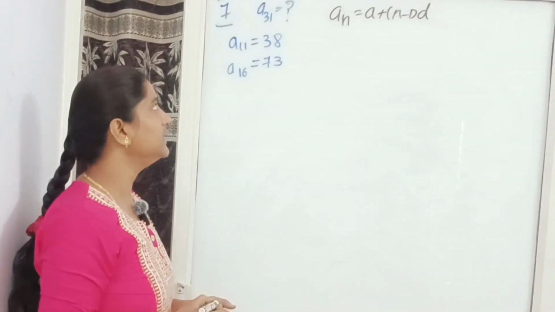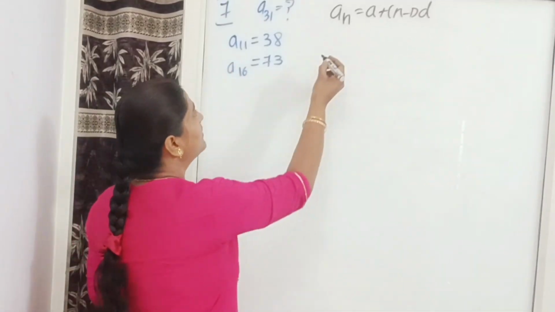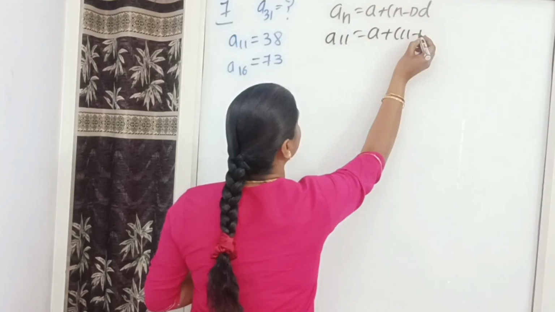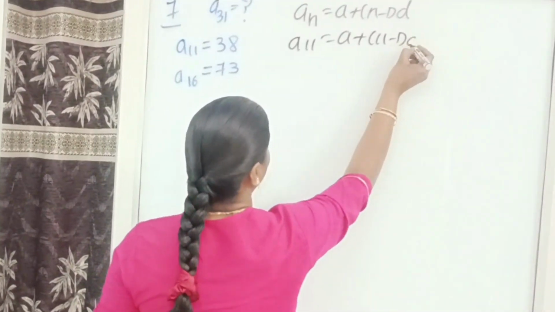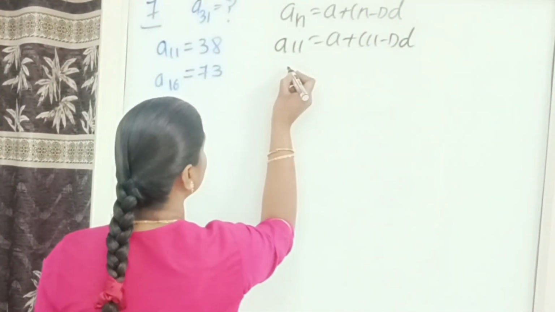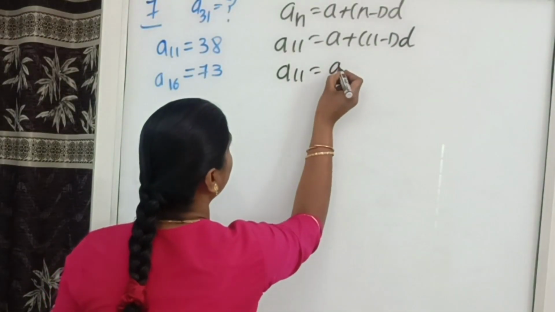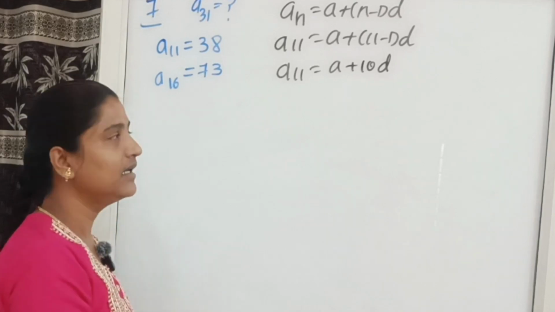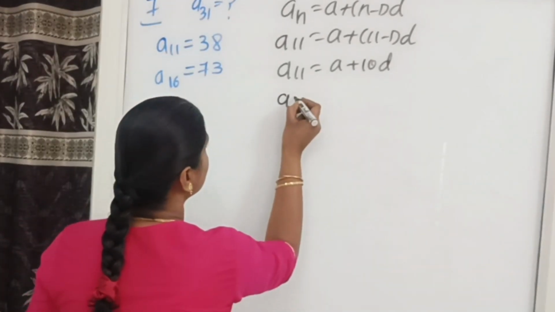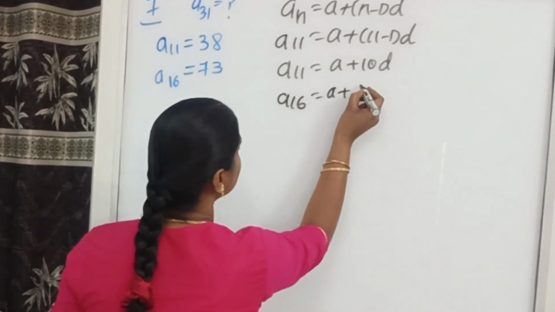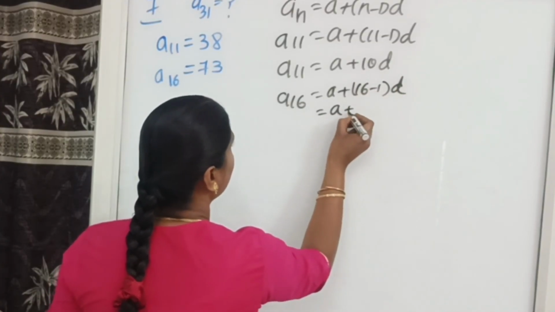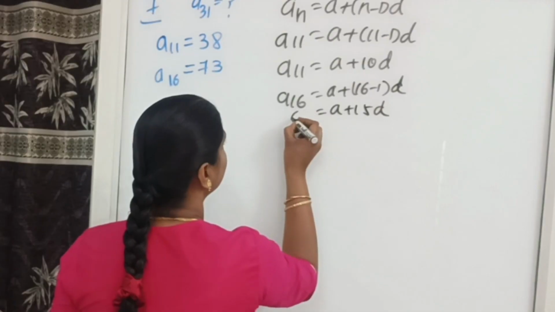By this formula, A11 is nothing but A plus 11 minus 1 into D, that is A plus 10D. Then A16 is nothing but A plus 16 minus 1 into D, so that is A plus 15D.